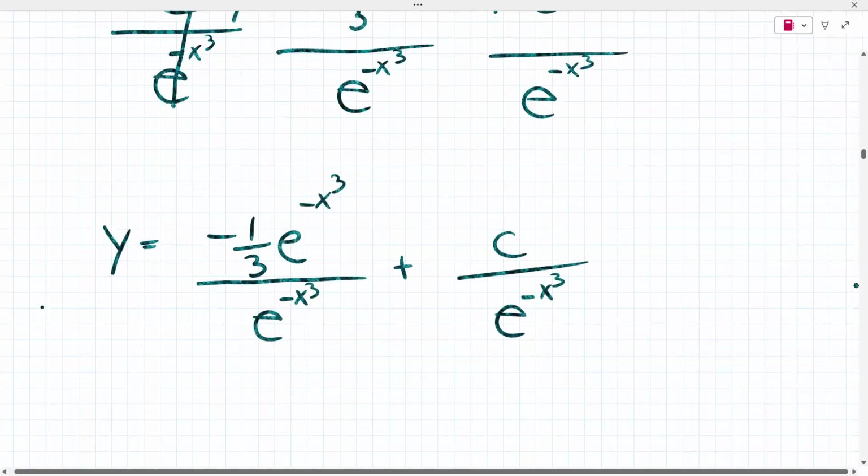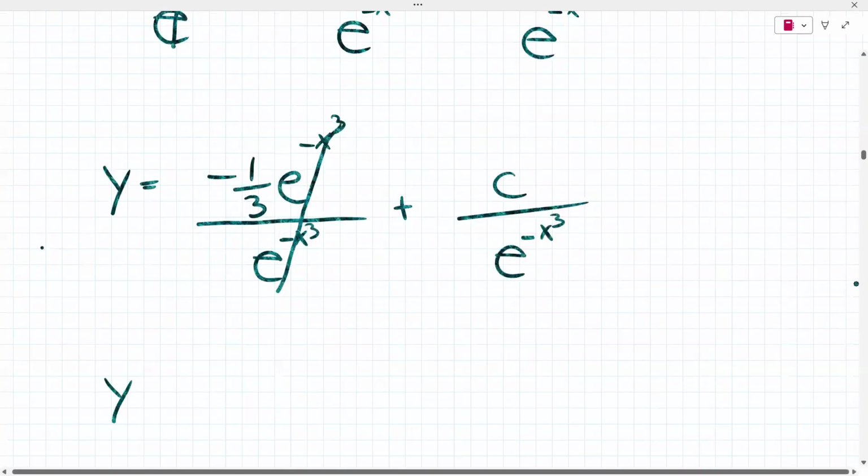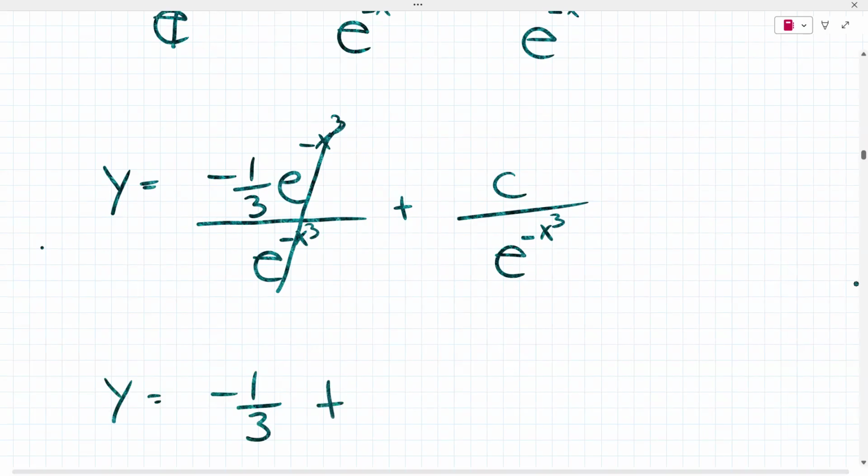And then what happens here is the e to the negative x cubed cancels, so you're just left with y equals negative 1/3, and then you have c over e to the negative x cubed.